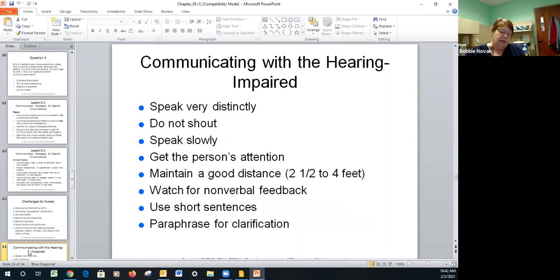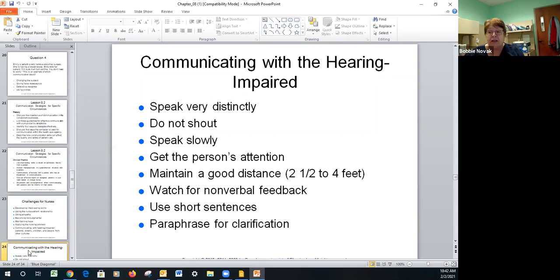So, communicating with the hearing impaired. This is on page 113 in your book. We want to make sure we speak very distinctly, but we do not shout. If you're shouting, you're exaggerating your words, and they're not going to understand what you're saying. You also want to speak slowly. Most people who have hearing impairments do some form of lip reading, so we want to make sure we're standing in front of them and that our mouth is clear so they can read our lips.